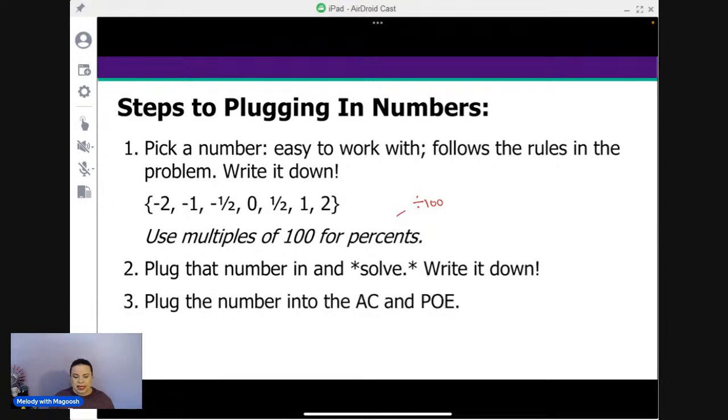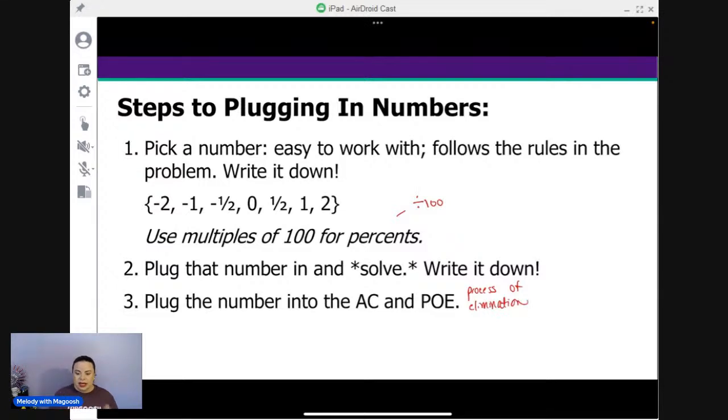Step 3, we're going to take those same values that we picked for the variables, plug them into the answer choices. Again, AC for answer choices. Each of the answer choices. And POE. POE stands for the process of elimination.